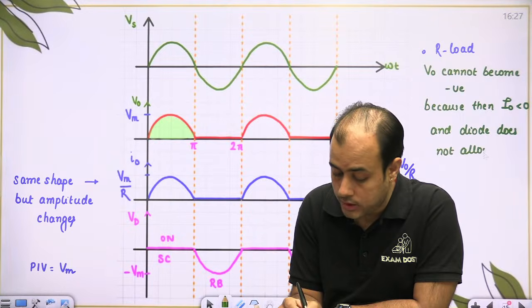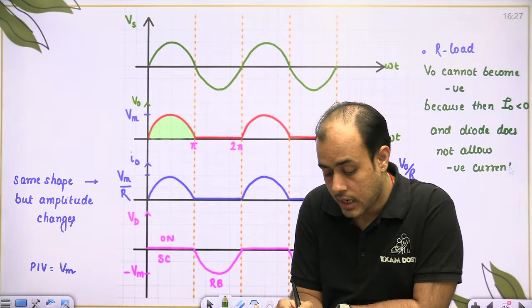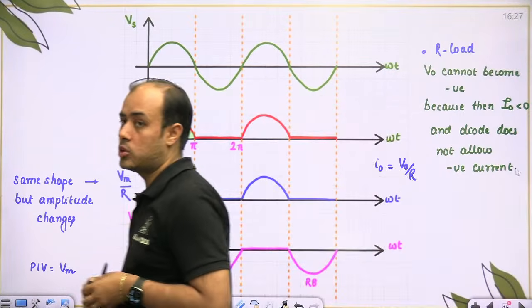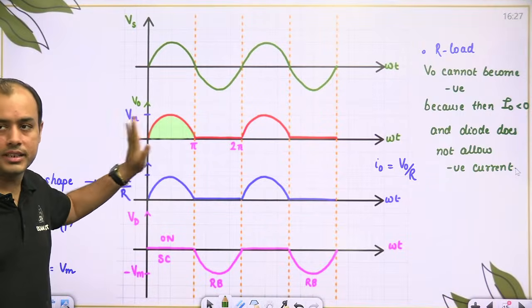So that is what we learn about a R load. That output voltage cannot go into the negative region. Output voltage नीचे नहीं जा सकती, सिर्फ पॉजिटिव आ सकती है.